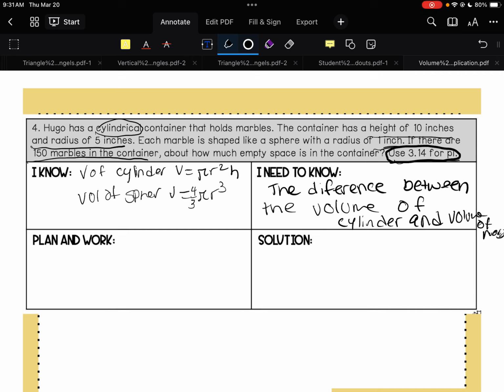So let's do the cylinder first. We're going to do V equals pi as a radius of 5 inches, so 5 squared times 10.